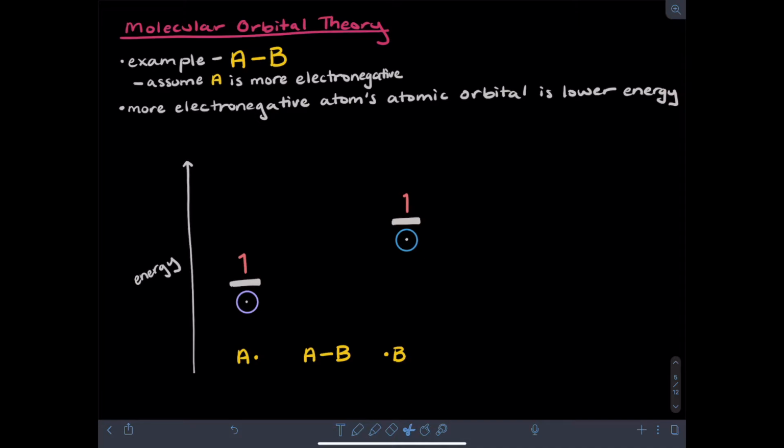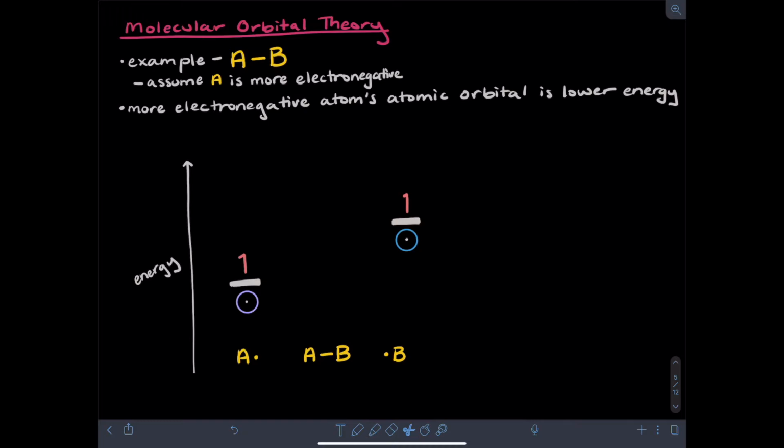This won't always be the case, and coming up soon I'm going to show you other ways of doing this that don't involve s orbitals, but this is the easiest one to start out with. I'm choosing to show A's atomic orbital in purple and B's atomic orbital in blue.